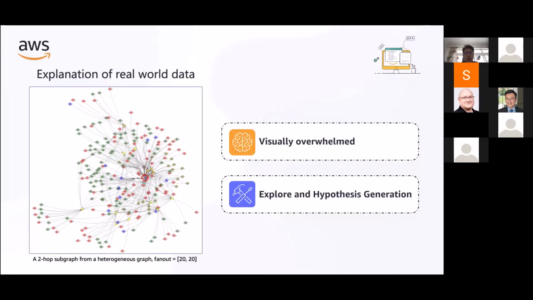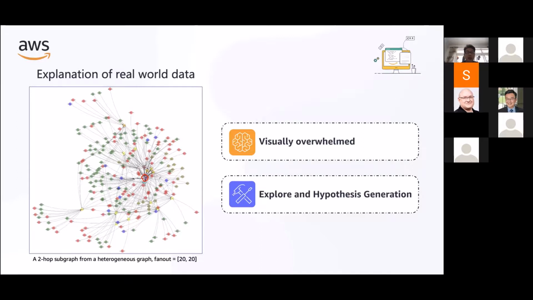When I show this diagram to the customers, it makes no sense to them. Because they can directly see that, okay, the one-hop neighbor contributes the most important feature to the target node, and why is that an explanation?